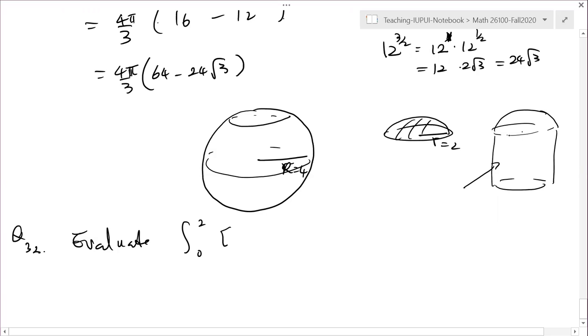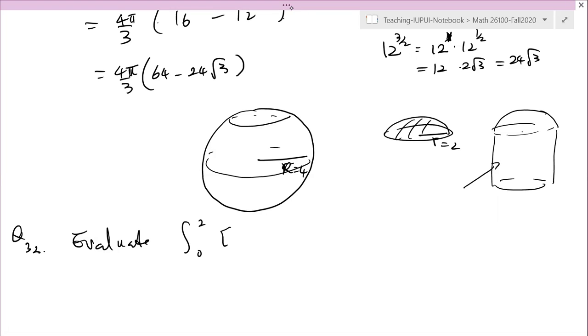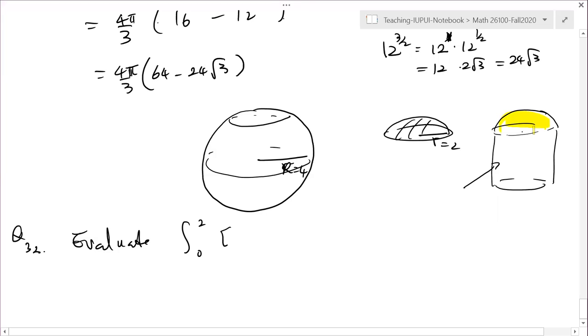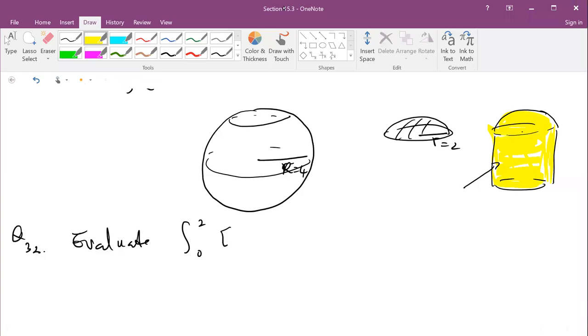So we would need to add the volume. First we find the volume to get our answer. So I could just say the answer that we got, which was like 4 pi thirds, blah blah blah blah, and I could just say plus the volume of the cylinder, right?